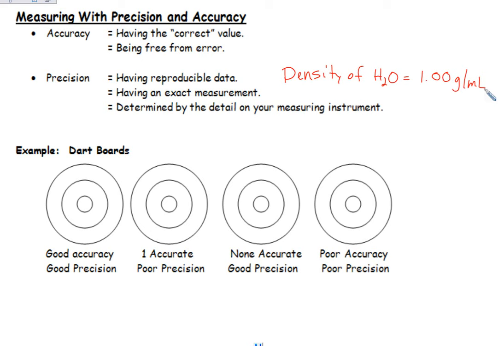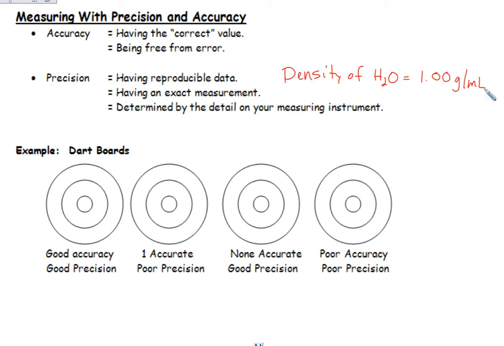Any sample of water should have a density of 1 gram per milliliter. If I'm doing a lab and I'm trying to confirm that by measuring the volume of different mass samples of water, whatever my procedure might be, if I really get 1 gram per milliliter, I would say that my data is accurate. I'm getting the right answer.